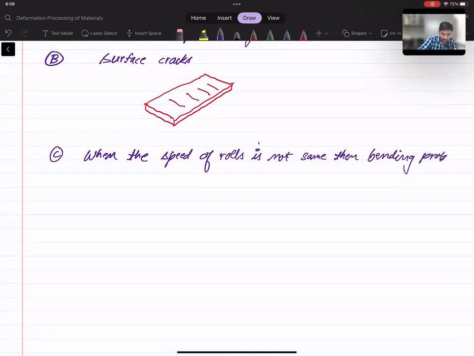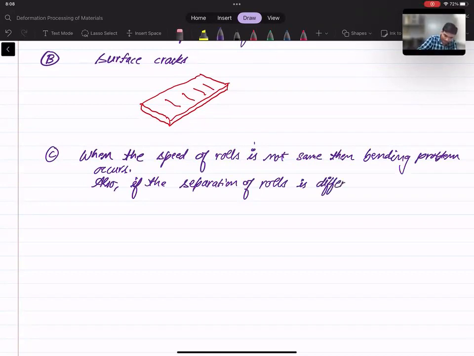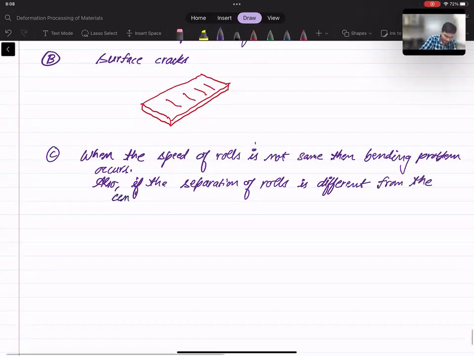And also if the separation of rolls is different from the center line, then alligatoring defect is observed.